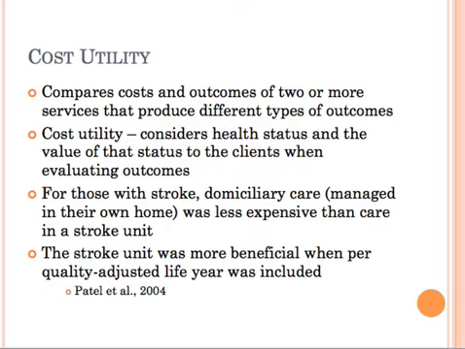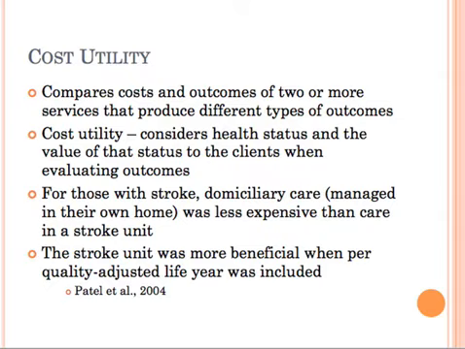domiciliary care, where people who had had a stroke were managed in their own home, was less expensive than care in a stroke unit. But on the other hand, when another measure of outcome, the quality adjusted life year, was included, so what is the quality of your life over the lifespan, the stroke unit was more beneficial than being managed in their own home.